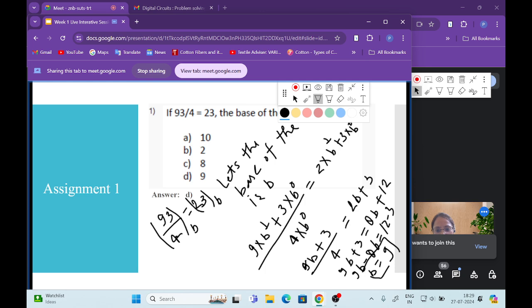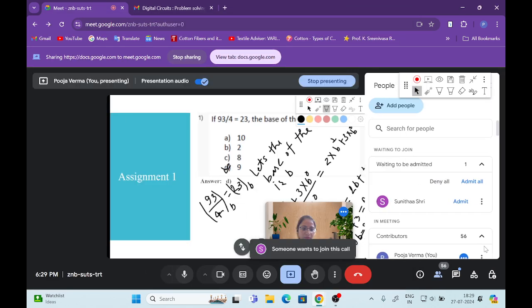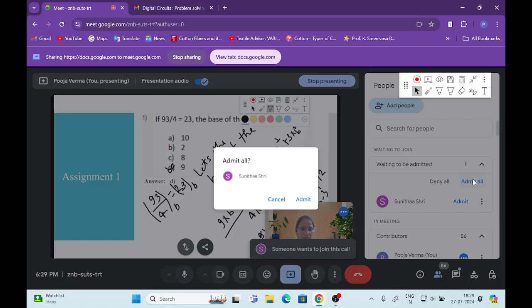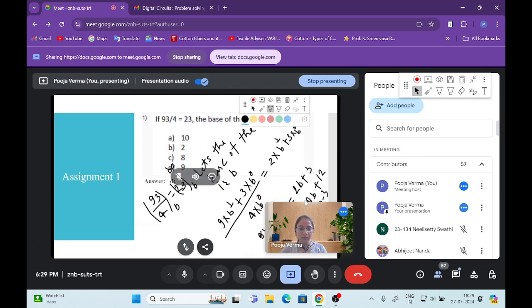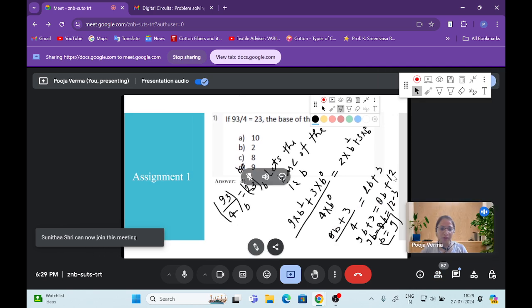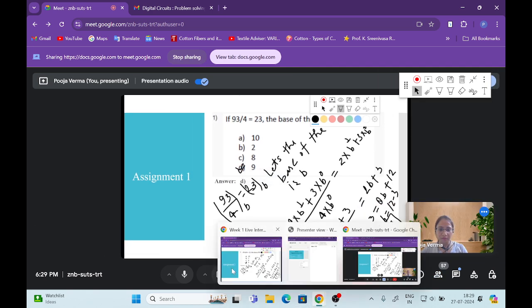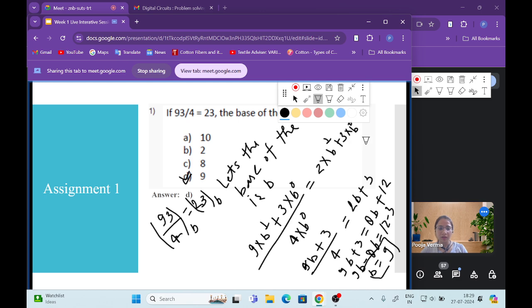So the correct answer is option D. Okay, have you got this question? I hope all of you understood this question. Moving to the next question. So D is the correct answer, B is equal to 9.